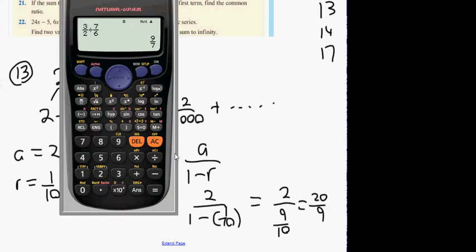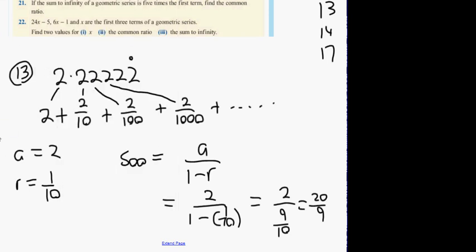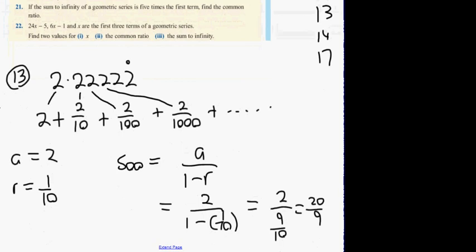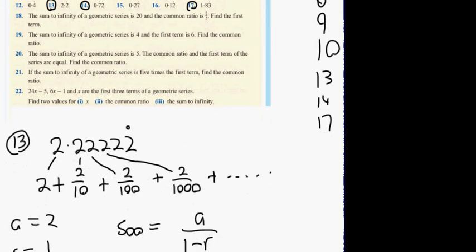And let's check out what 20 divided by 9 is in the calculator. Lo and behold, 2.2 recurring, or 2.22222. So that's how we do that one, okay? Now we're going to move on to question 14.